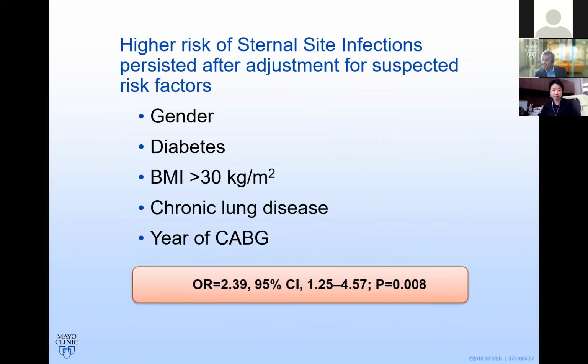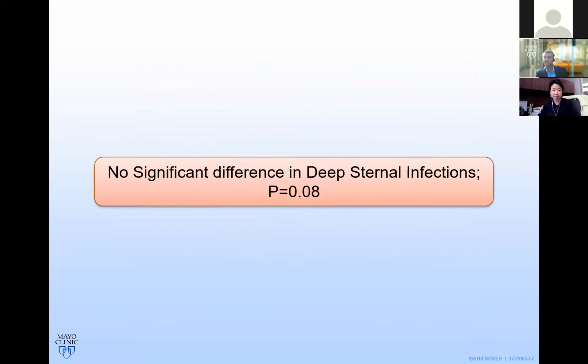And we found that, yes, overall sternal site infections were higher in the BIMA group, but that included both superficial and deep. Now, if we look at just deep, meaning involving the bone and bone healing, we found there was no difference at all. So that was again encouraging and in favor of bilateral internal mammary arteries.